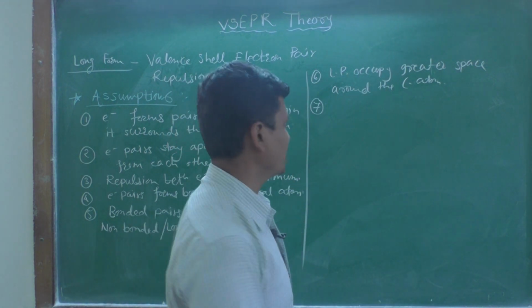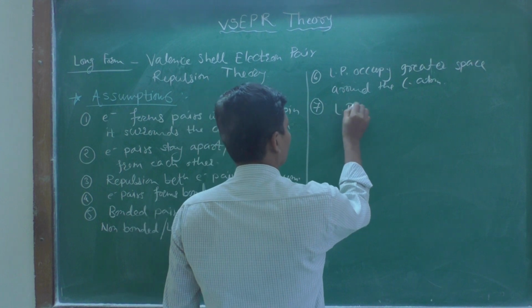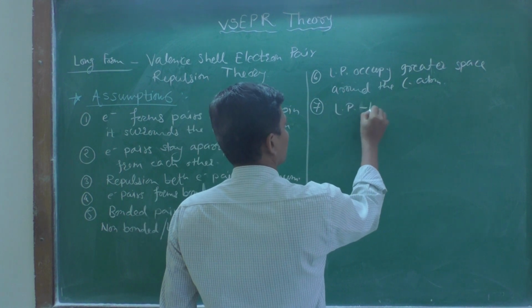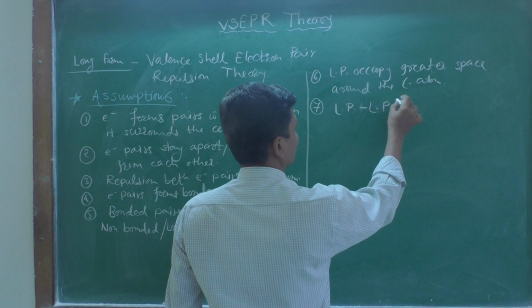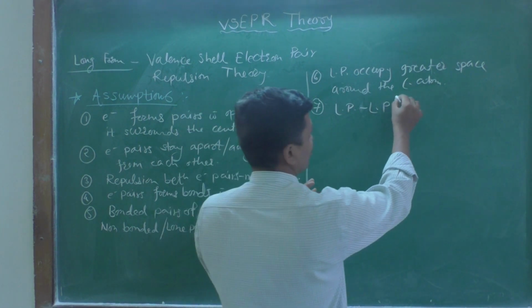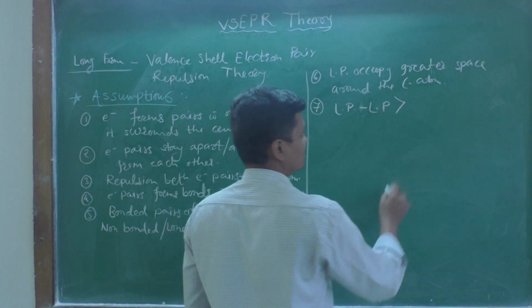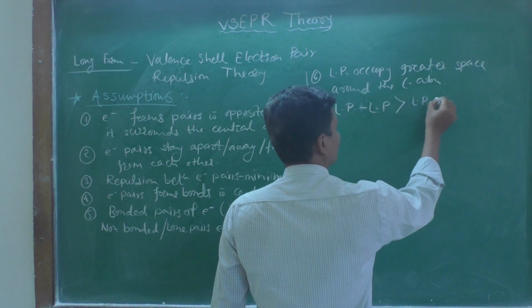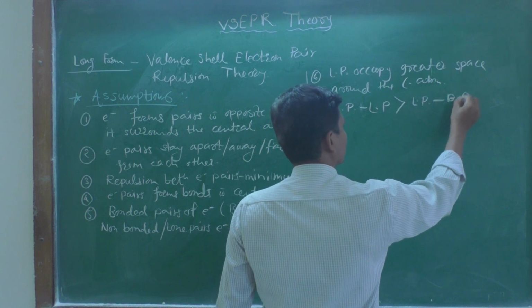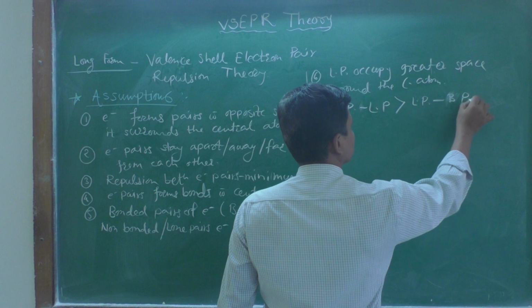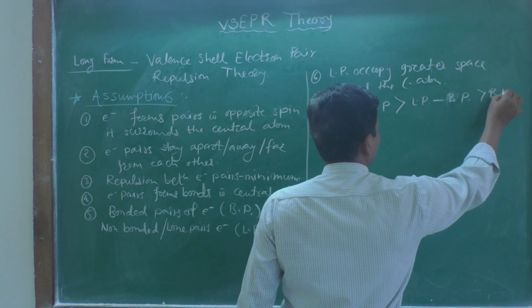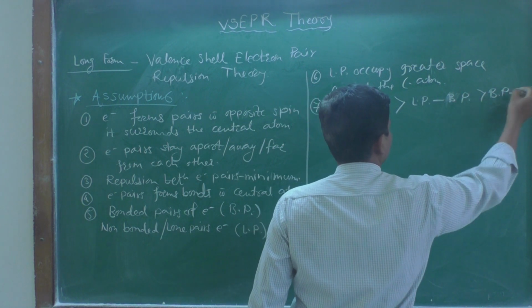So in short, LP-LP repulsion is treated as maximum as compared to LP-BP repulsion, and BP-BP repulsion is treated as minimum.